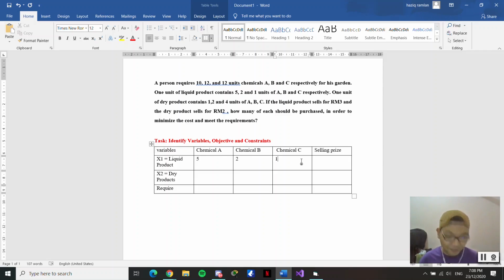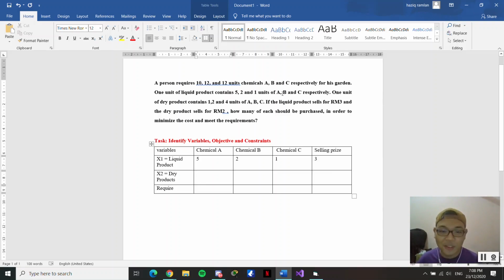Sorry about that. And then it says if the liquid product sells for 3 ringgit, so basically the selling price is 3 ringgit. Okay, so it's over here. For the dry products, we're gonna read the question again. Sorry.